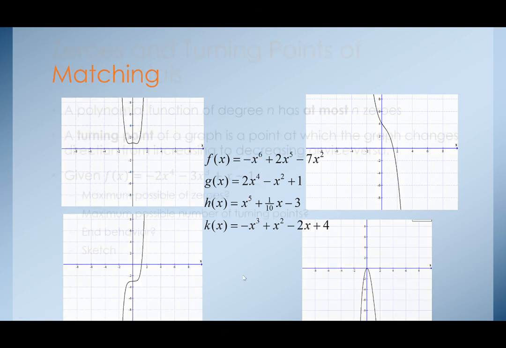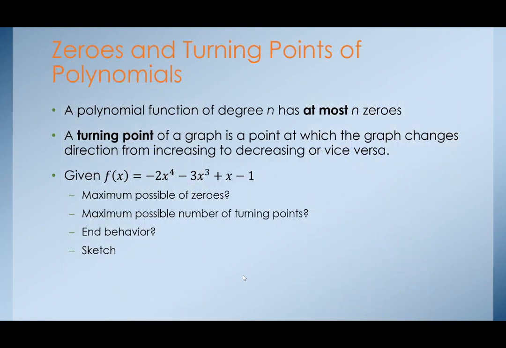Okay, so let's talk about turning points, and then we'll do some examples in the next video. A polynomial of degree n, so whatever the highest power is, has at most n distinct zeros. It could have fewer, and if that happens, some of those zeros are technically repeated roots.